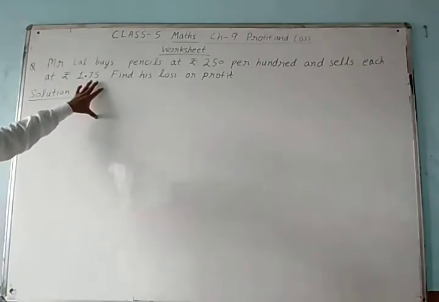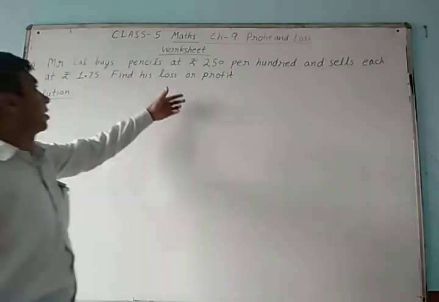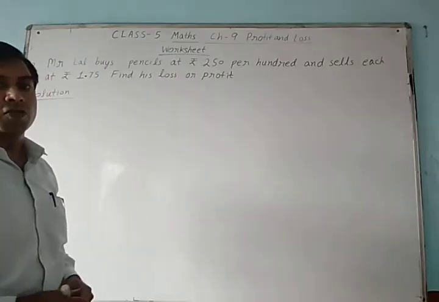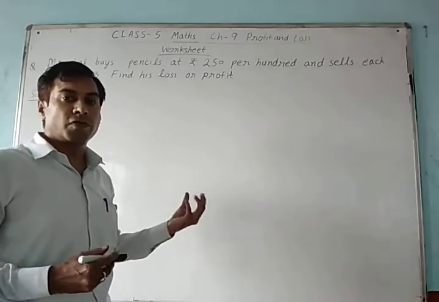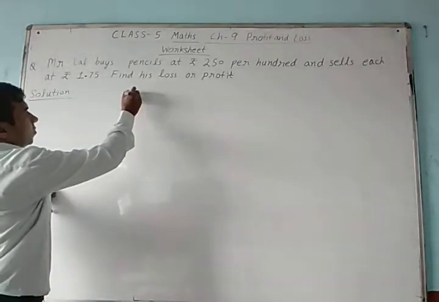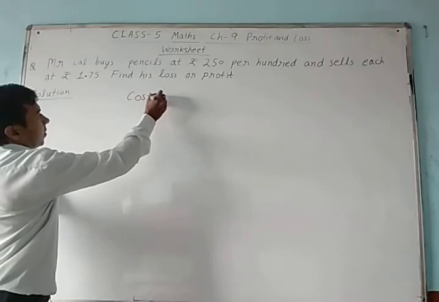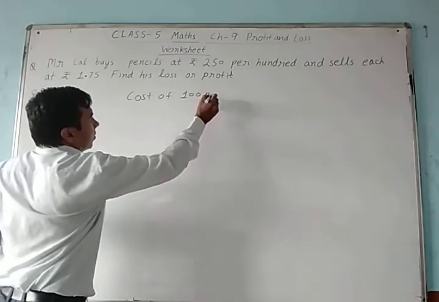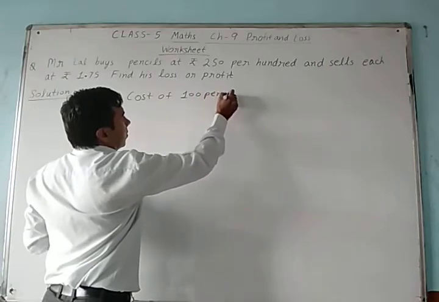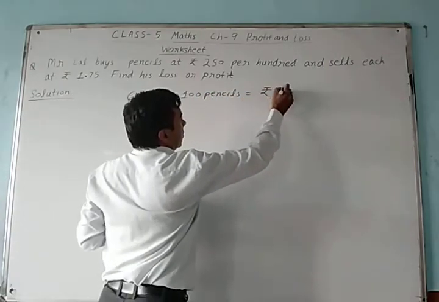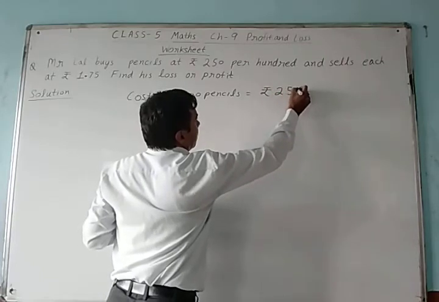Student, Mr. Lal is buying 100 pencils at rupees 250. So first we have to find out the cost of one pencil, and then only we can solve. So cost of 100 pencils is equal to rupees 250.